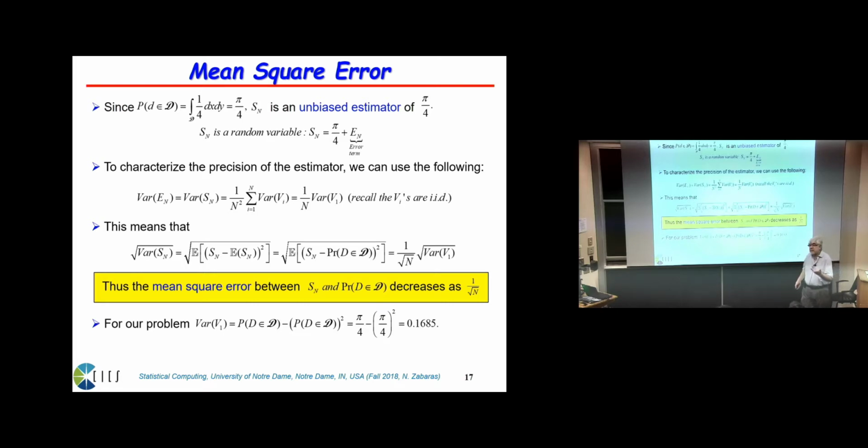The expectation of the indicator function, or the indicator function squared, is the same. It only takes values 1 and 0, okay? So this is really a Bernoulli variable, so this is the variance of a Bernoulli variable. So the expectation of the indicator function squared is the same as the expectation of the indicator function, which is pi over 4. So the actual variance is this number, okay? And again, we don't really care about this number. What we care about is this 1 over square root of n, but I will use this in the calculations that you will see shortly.